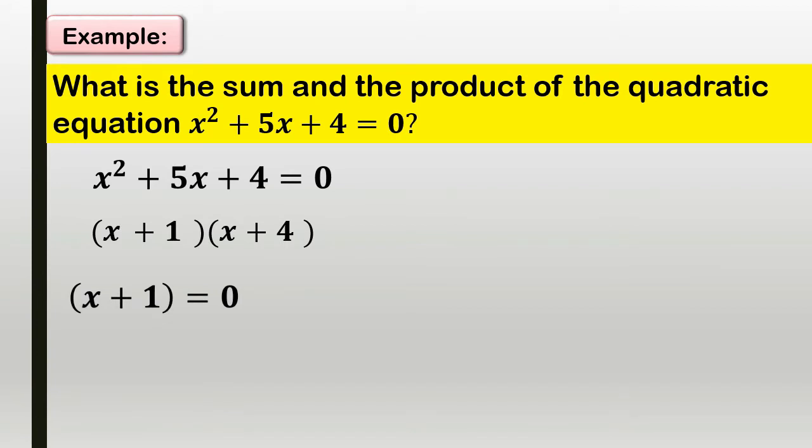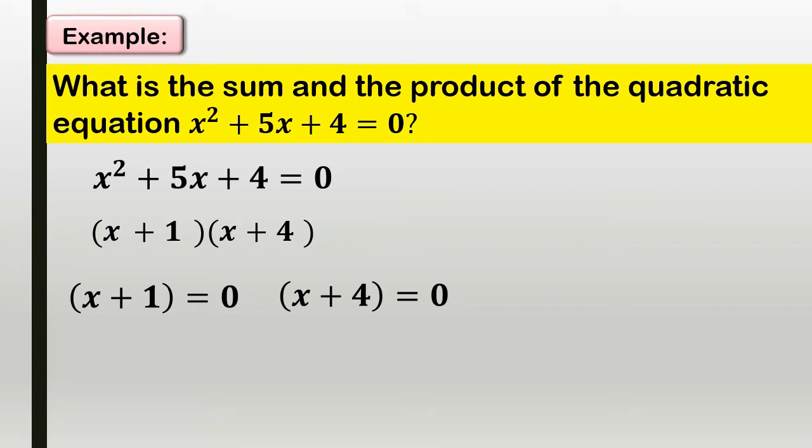Therefore, we have here x plus 1 equals 0 and x plus 4 equals 0. So, after natin ma-equate ang given factor kay 0, kailangan natin kunin ang value ni x. So, paano natin makukuha ang value ni x? Ililipat natin si 1 sa kabilang side ng given equation.